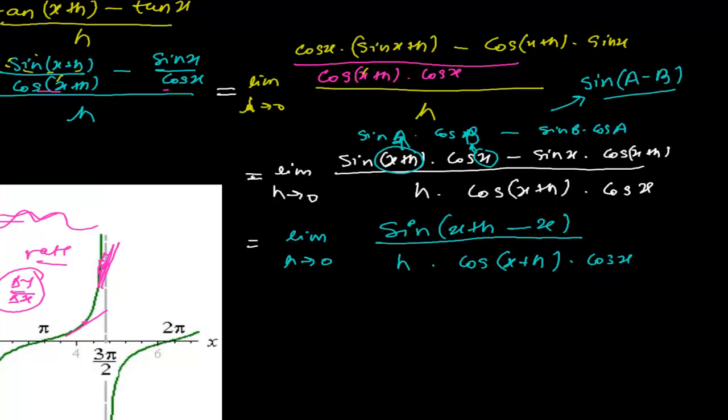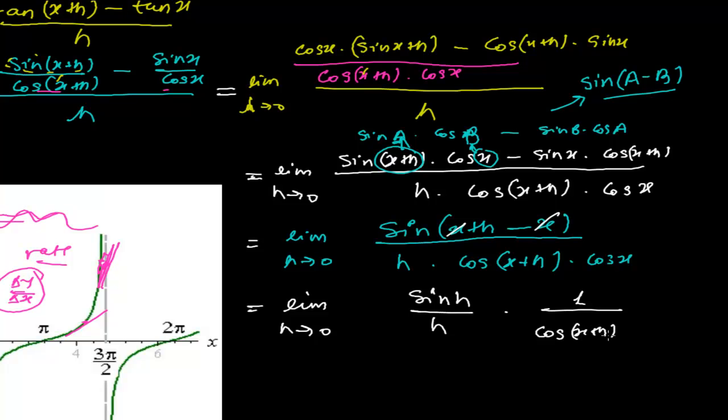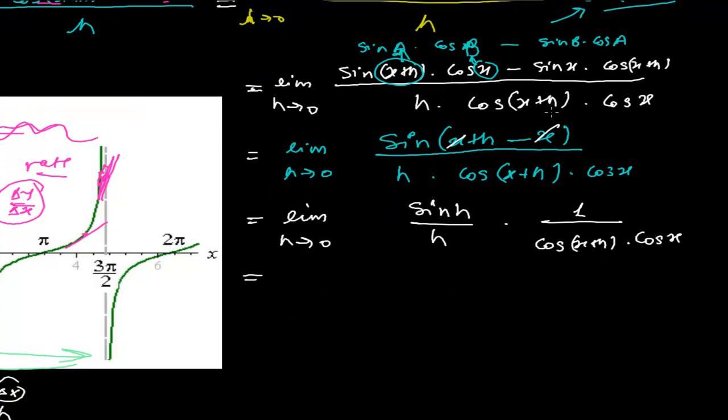The x and x will cancel out, and now we can write limit h tends to 0, sin h upon h, times 1 upon cos(x+h) times cos x, right?